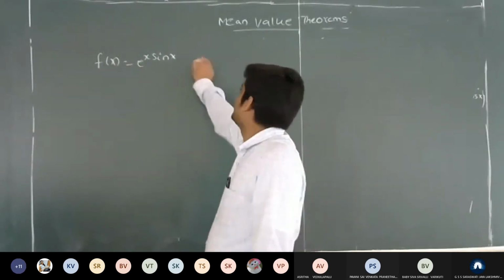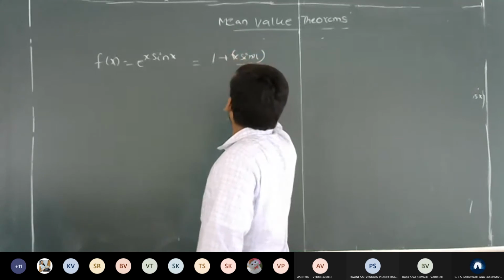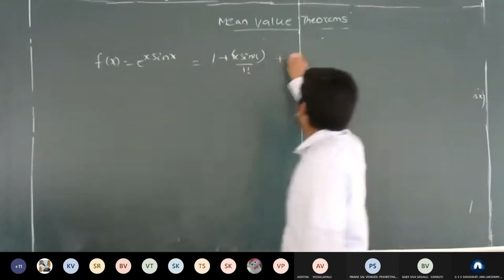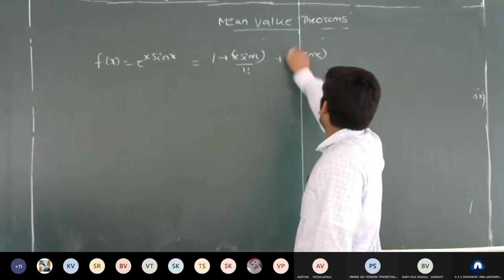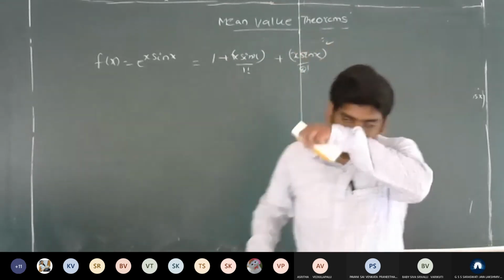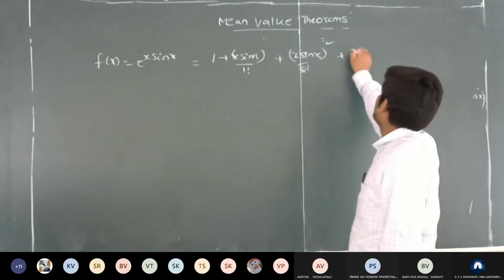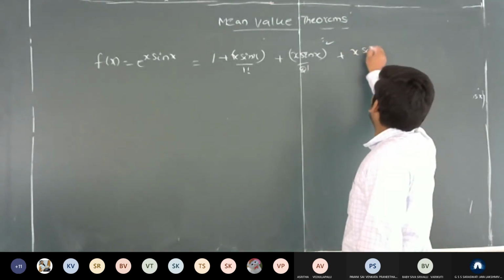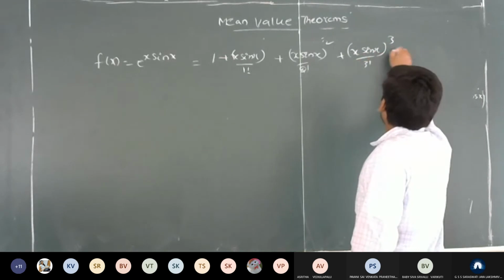But you just expand by using the e power x form. That is, e power x is equal to 1 plus x sin x by 1 factorial plus (x sin x) whole square by 2 factorial plus (x into sin x) whole cube by 3 factorial, and so on.